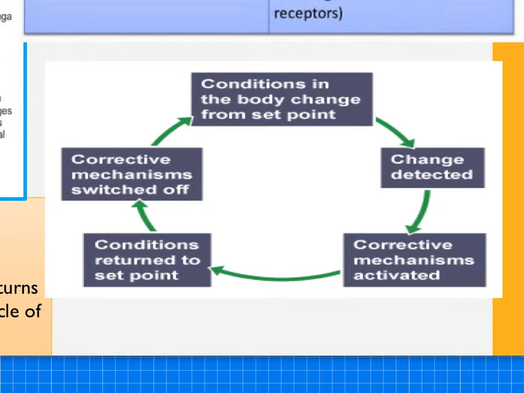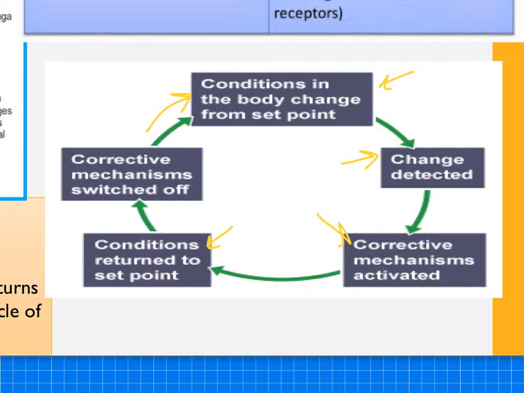So this is a negative feedback loop, okay? First of all, the condition change is detected, then a corrective mechanism, so for example, if it's the endocrine system a hormone is released, it means that something reduces or increases, and it goes back to the set point, and then that corrective mechanism is switched off and it goes back to normal, and we're at the same point.